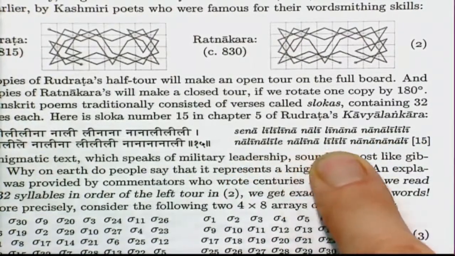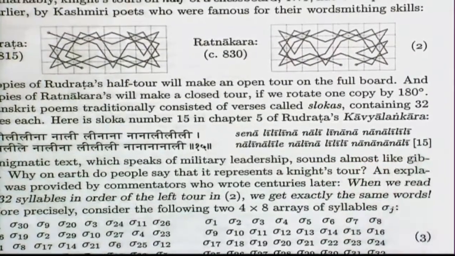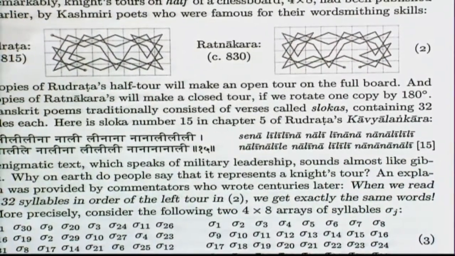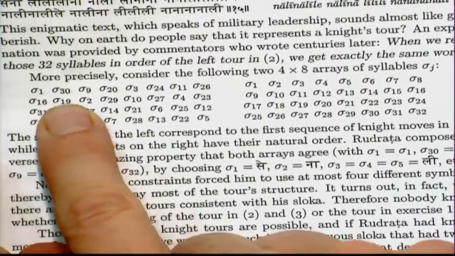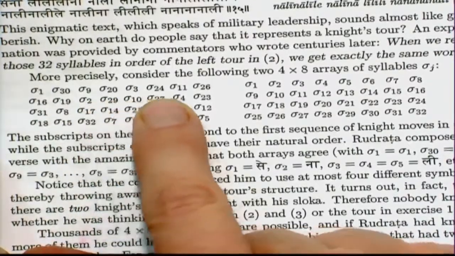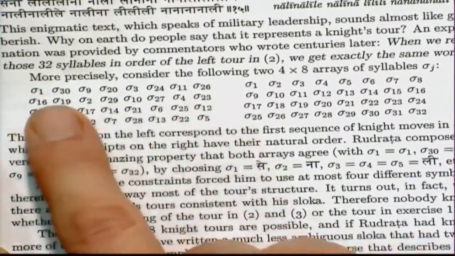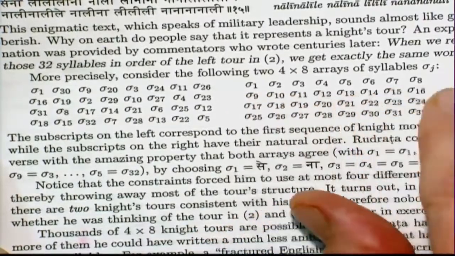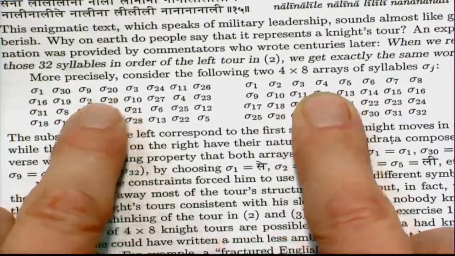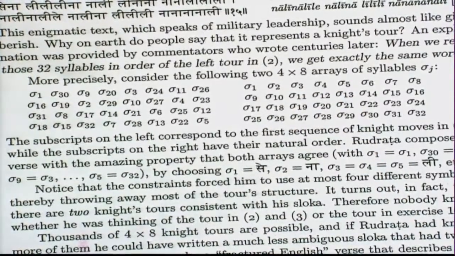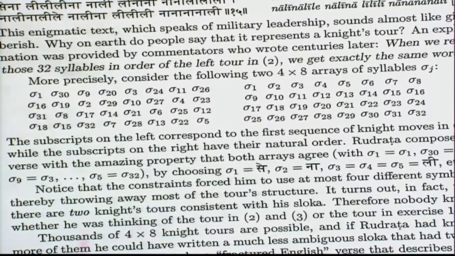Na li na li na li. Okay, so he only had 4 syllables to use there because his Knight's tour had this pattern: 1, 39, 23, 24, 11, 26, 16 has to equal 1, 2, 3, 4, 5, 6, 7, 8. So 30 has to equal 2, 9 has to equal 3, 20 has to equal 4, and so on. You put all these things together, you find out that you have only 4 different equivalence classes that you can use for different syllables.